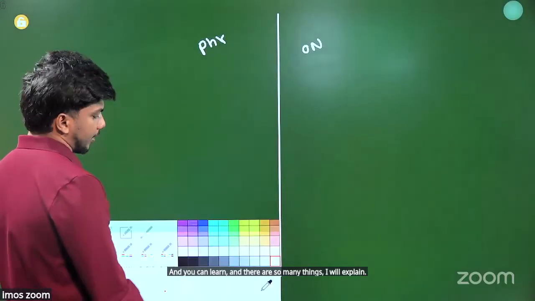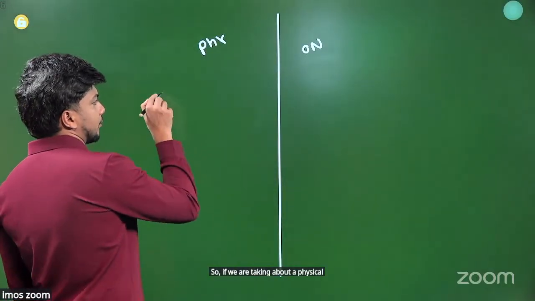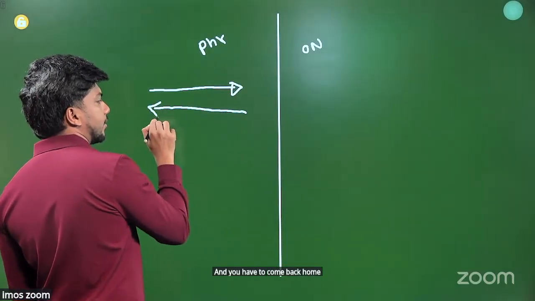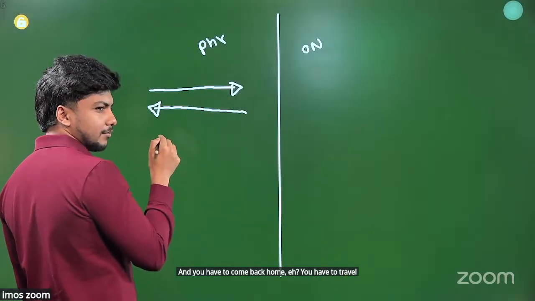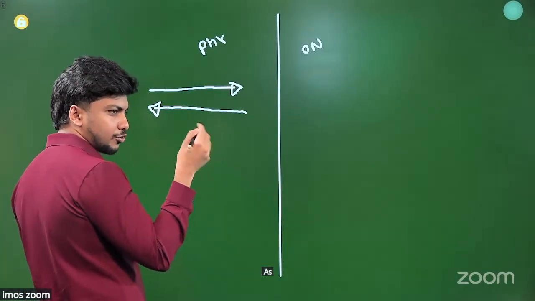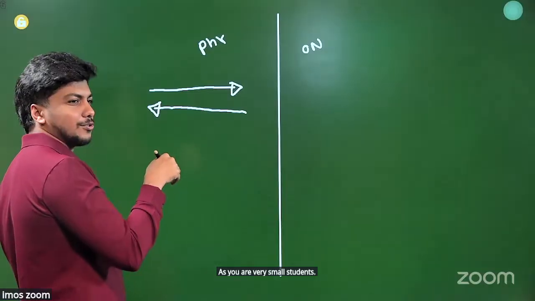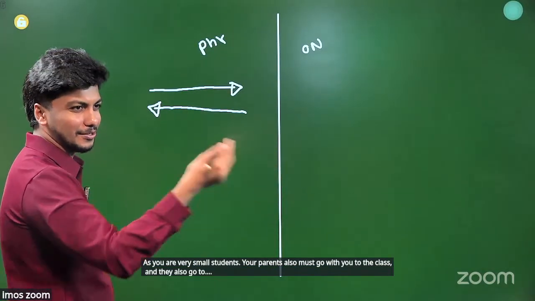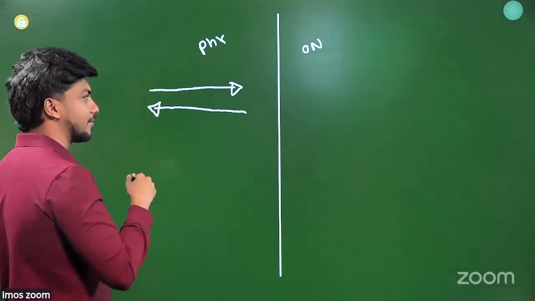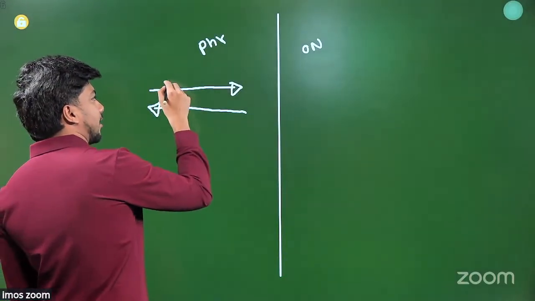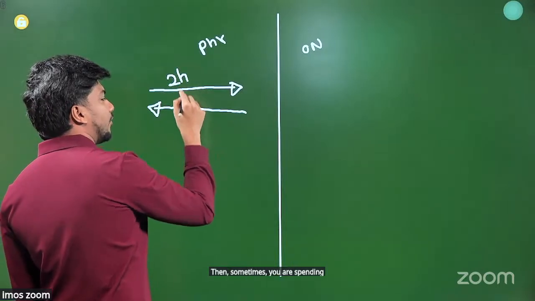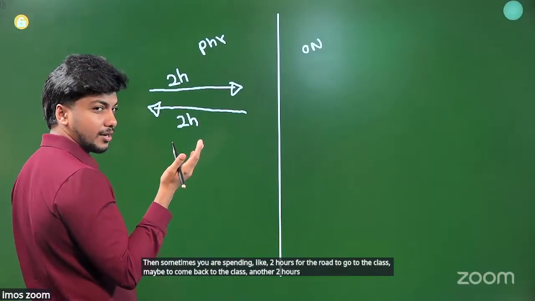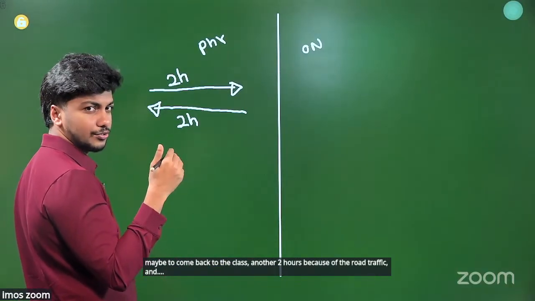If we are talking about a physical class, you have to go to the class and come back home. You have to travel. As you are very small students, your parents also must go with you to the class. Sometimes you spend 2 hours on the road to go to the class, and another 2 hours to come back because of the road traffic and different things.